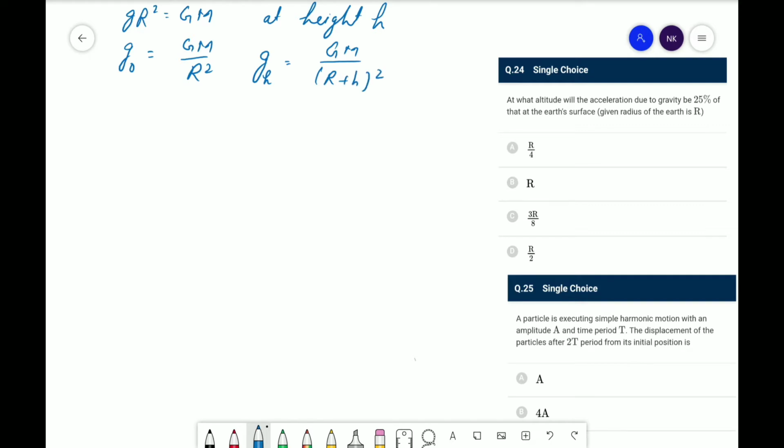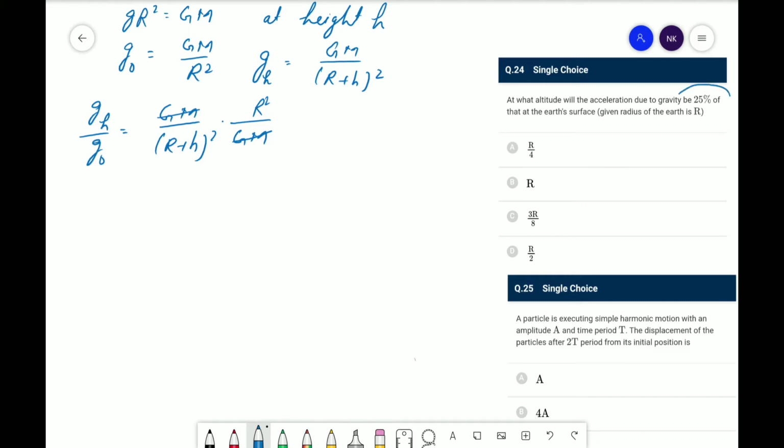Okay, now divide g_h upon g0. So g_h is GM upon (R+h)² divided by g0. g0 means GM upon R², so R² I will write above. So here GM will be cancelled out.